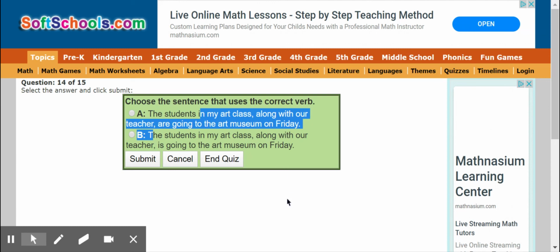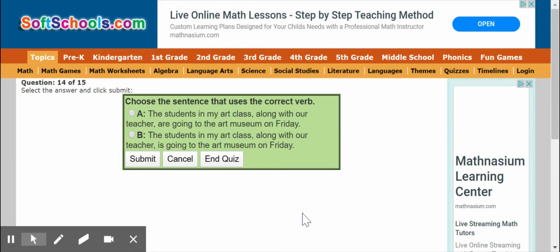So teacher would never be part of your subject. So we're left with the students. Would we say the students are going to the art museum on Friday or is going to the art museum on Friday? Well, in this case, students is plural. So therefore we need a plural verb. And the plural verb in this case is are going. The students are going to the art museum.